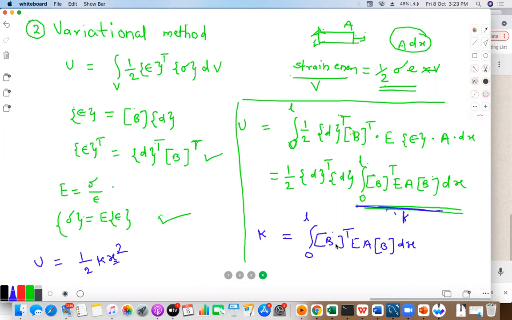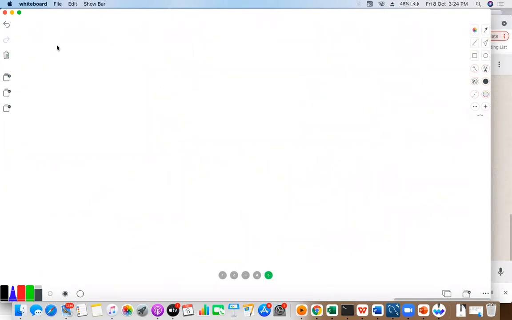Now this B matrix, that is strain displacement matrix, is for 1D element. I have the B matrix as 1 upon L into (-1, 1).